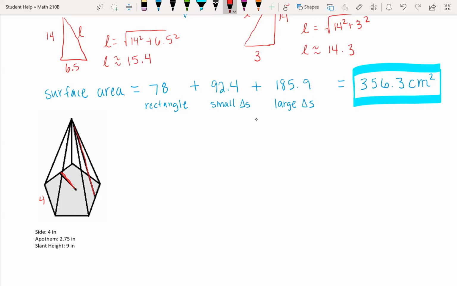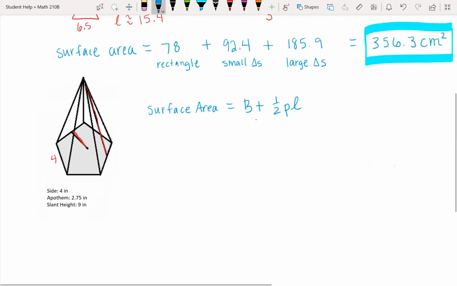There will be 5 triangles that are identical to this, so we can use the formula that we had before, that our surface area is going to be the area of the base shape plus 1/2 the perimeter of the base times the slant height. That'll grab all 5 triangles at the same time. So let's focus on the base shape first.